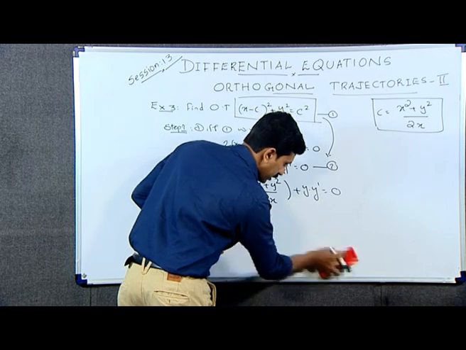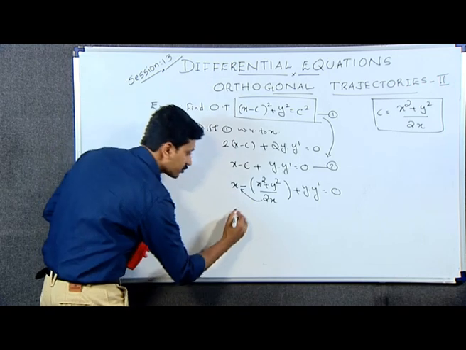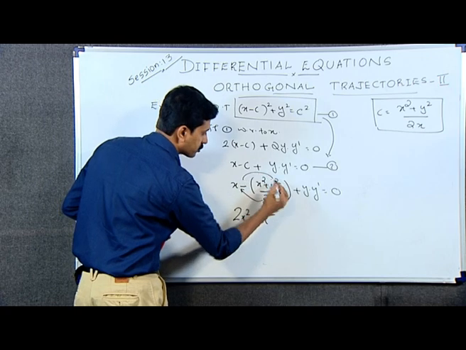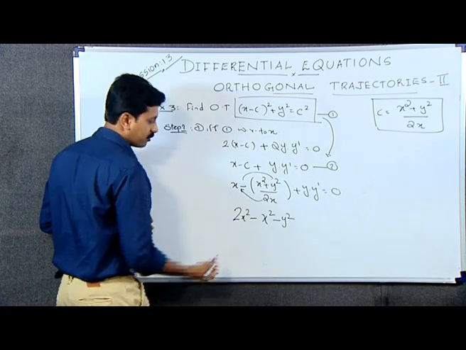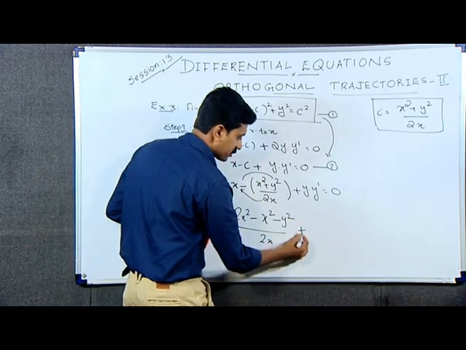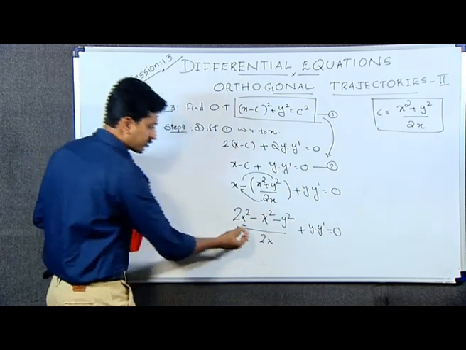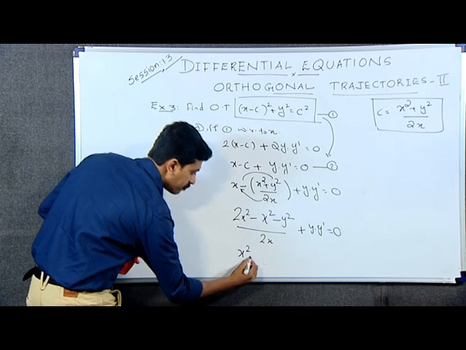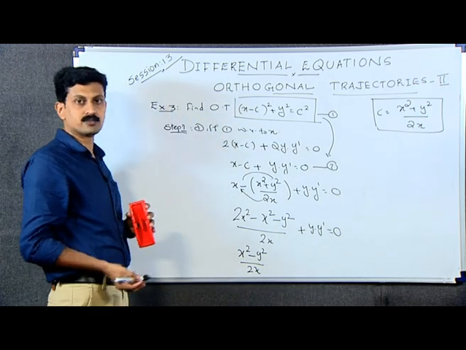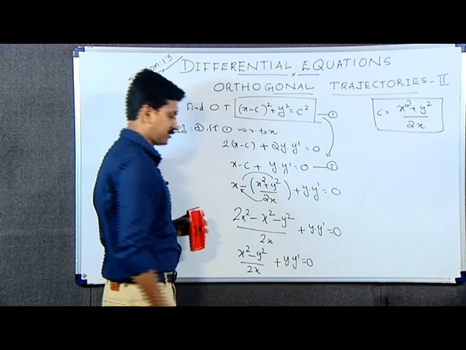Taking 2x in the denominator, we get (2x square minus x square minus y square) divided by 2x plus y dash is equal to 0. So, we have (x square minus y square) divided by 2x plus y dash is equal to 0.